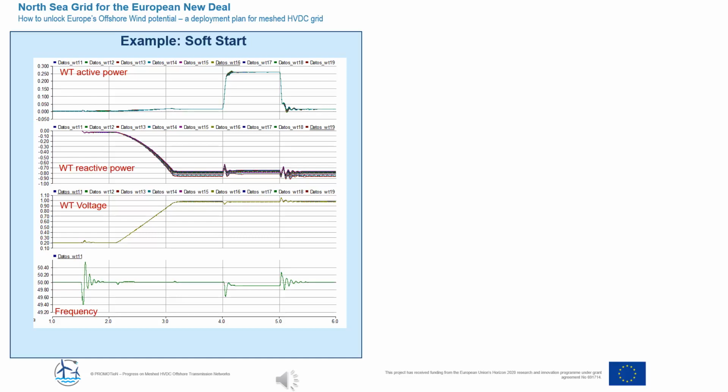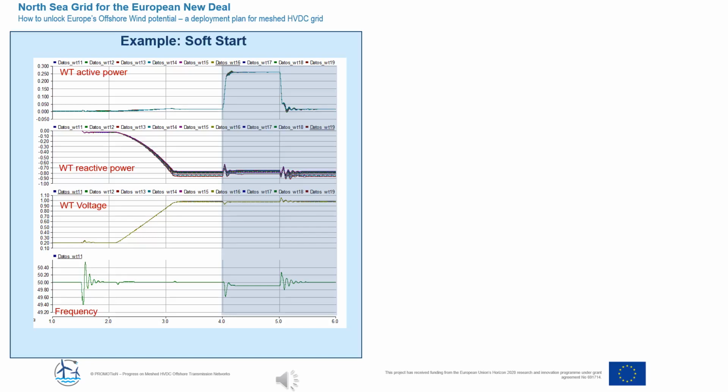And at t equals 4 seconds, what we have is the block load, where the onshore load is connected. And you can see that during the voltage ramp up and during the block load, all the frequency and voltage is kept within the requirements.